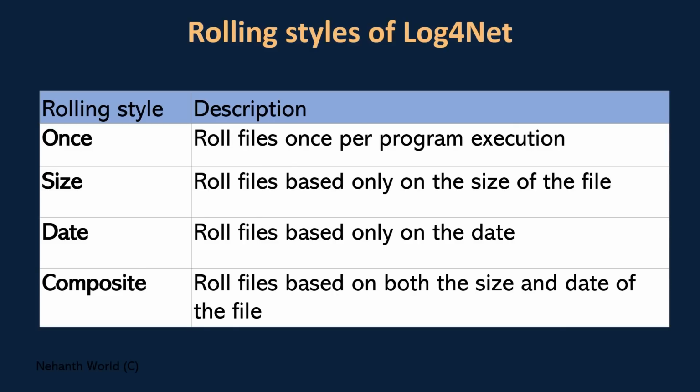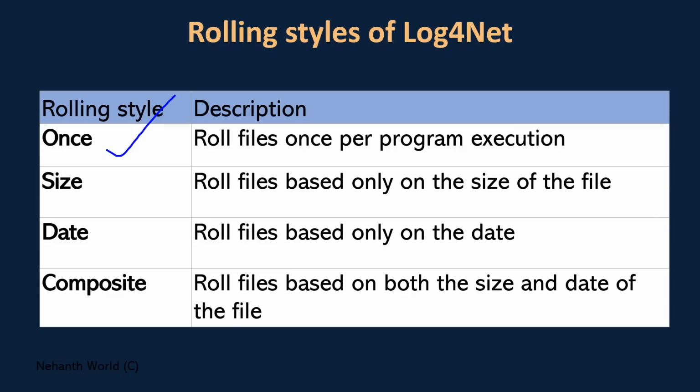First one is the once. When you configure rolling style as once, the log file will be replaced for every execution. Whenever your application is running, the log file will be created and every log will be logged into that particular file. Once the application restarts, the file also restarts.